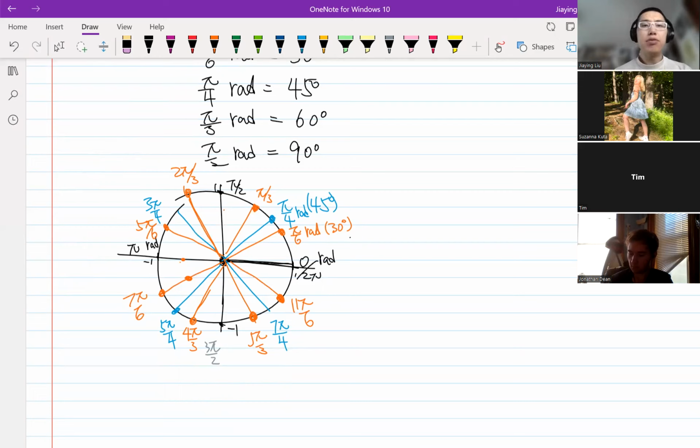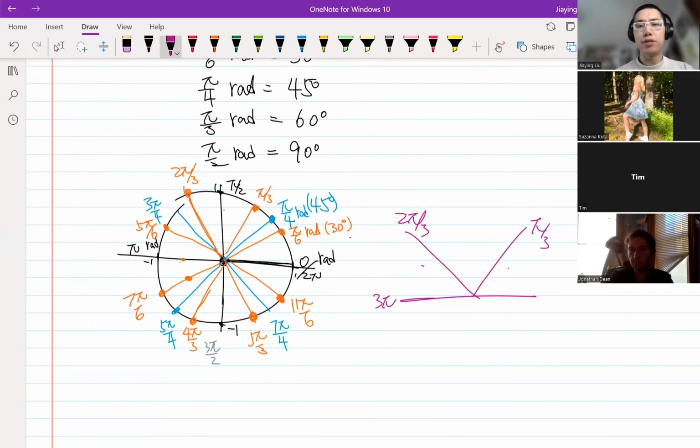I guess another note about pi over 3, you can think about that. So pi is 180 degrees, right? So this is pi. If we divide it into 3 parts, each of them is pi over 3, 2 pi over 3, 3 pi over 3, which takes us to pi. So that's a quick way to think about multiples of pi over 3. You look at the straight angle, 180 degrees or pi radians, and divide it into 3.